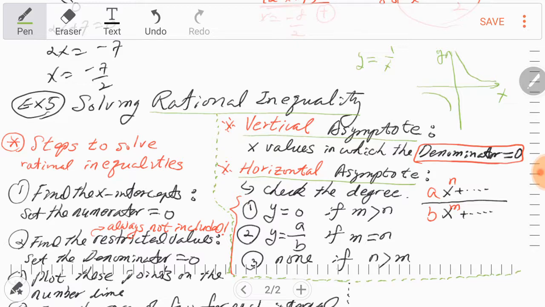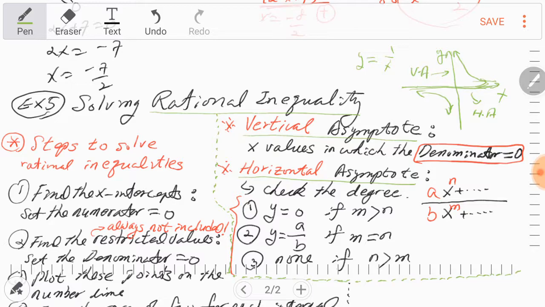So this end of the graph approaches the y-axis but never touches. This end approaches the x-axis but never touches. This end approaches the y-axis but never touches or crosses, and this one is the same, getting close to the x-axis but never touching. So we call it the horizontal asymptote. This is the horizontal asymptote. And this vertical line is called the vertical asymptote.